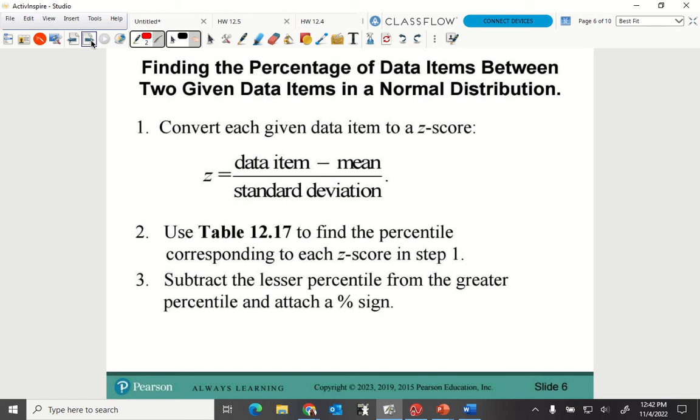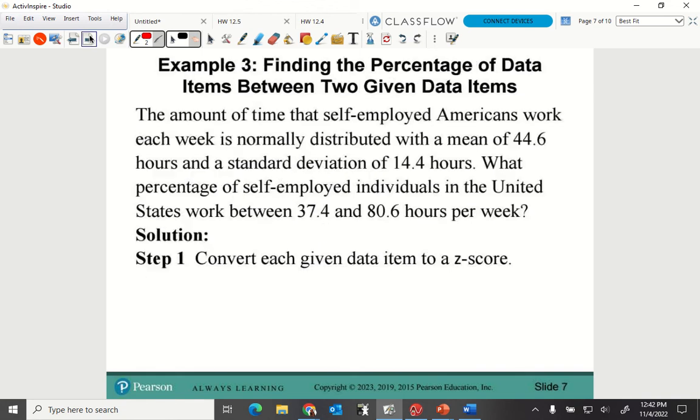Very good. So we do this: data item minus the mean, so find the z-score, get my percentage. Subtract the lesser percentage from the greater and put the percentage sign on it. So basically, do the same thing and look at the table. And because you have two different ones, subtract, so find the difference between those two.